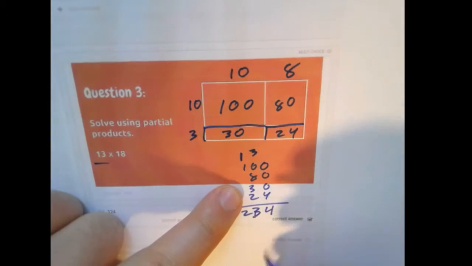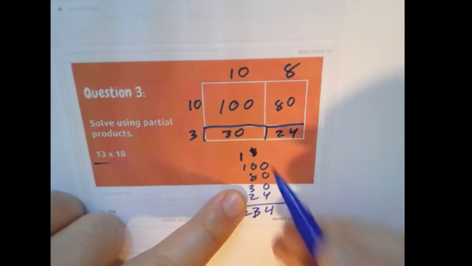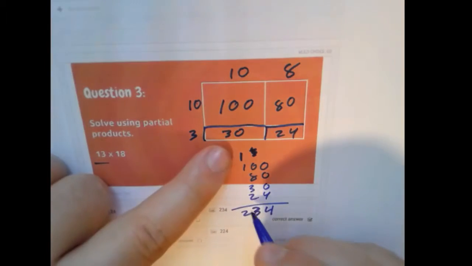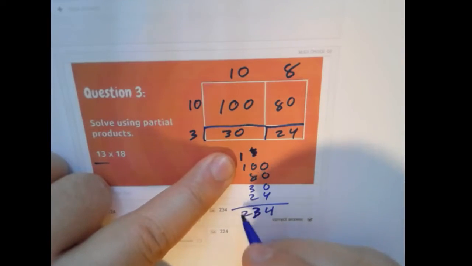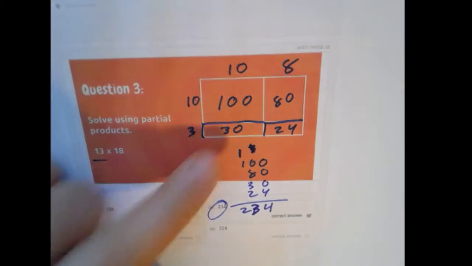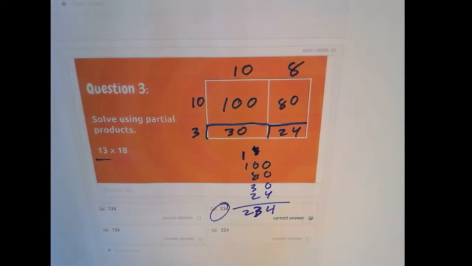That's a 3 down here. Put the 3 in the wrong spot. That didn't make sense. So that's 13, and then over here in the 100 spot, 1 and 1 makes 2. So 234 is what we're looking for on that example.